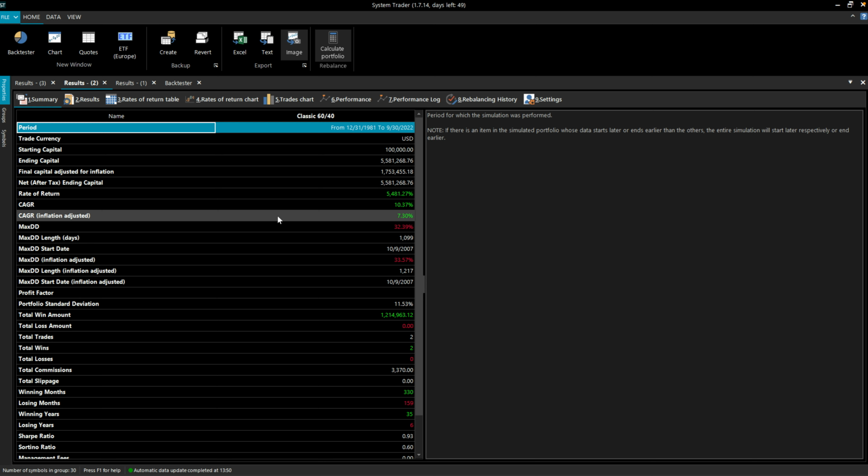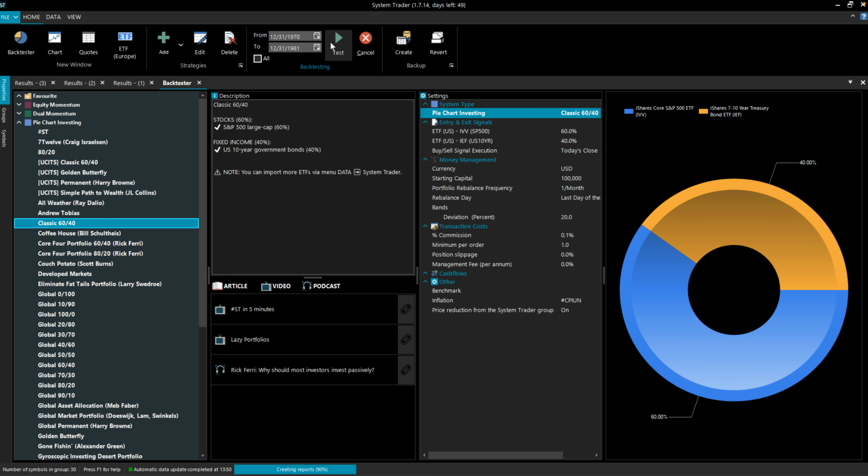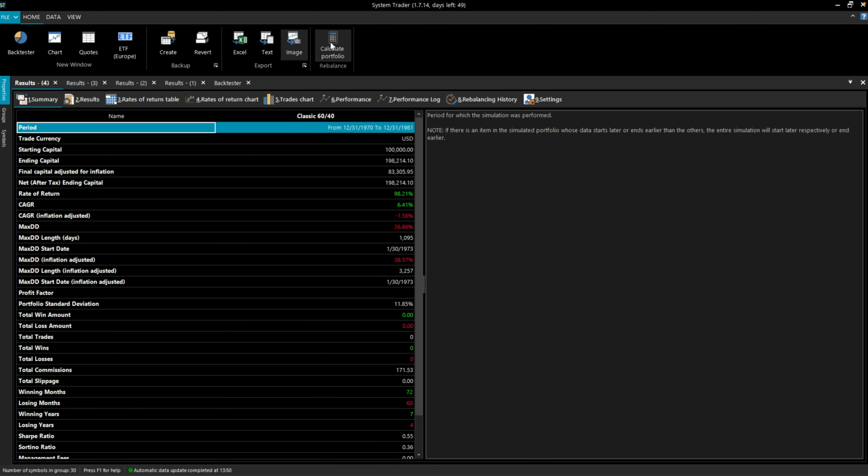And now it's very important to think about real terms. And I will show you for that purpose an even more extreme case. For example, if we would take the simulation from the end of 1970 till 81, we can see that during that period, the market was having a very difficult time because after inflation, actually, we lost money.